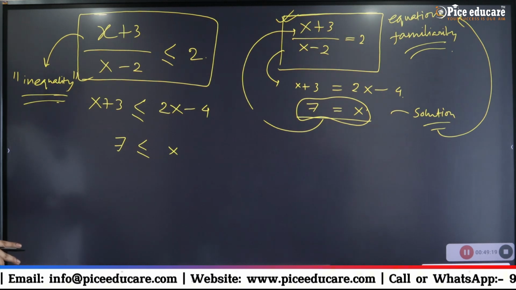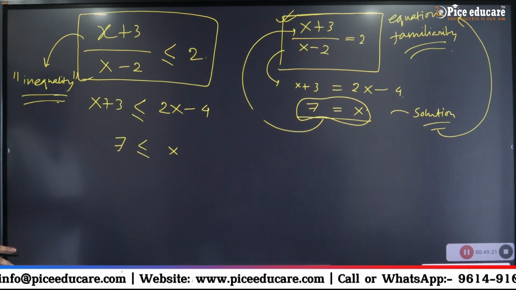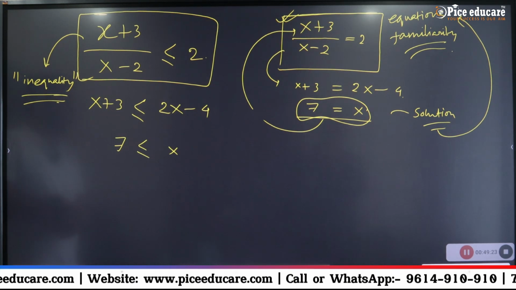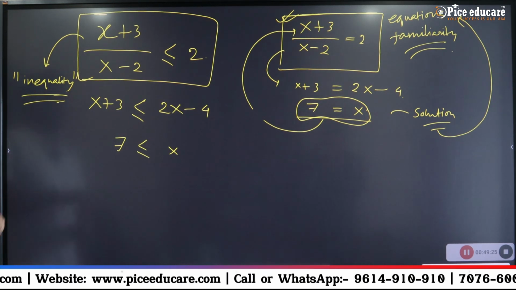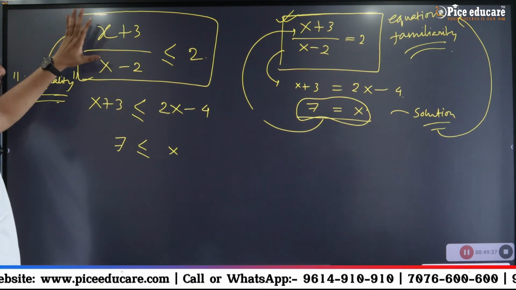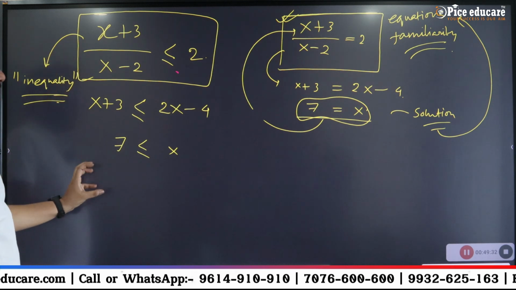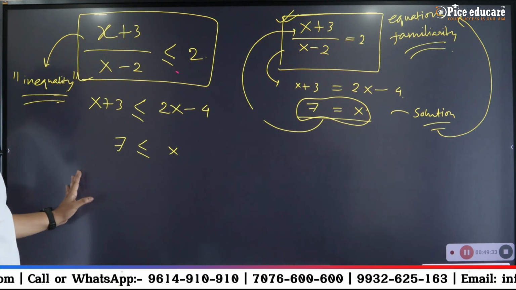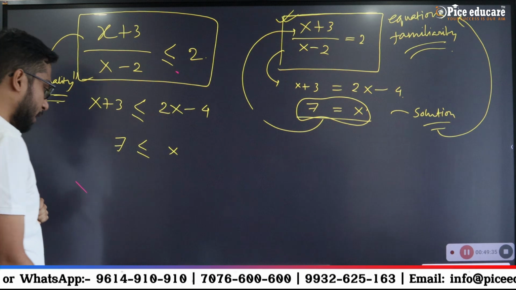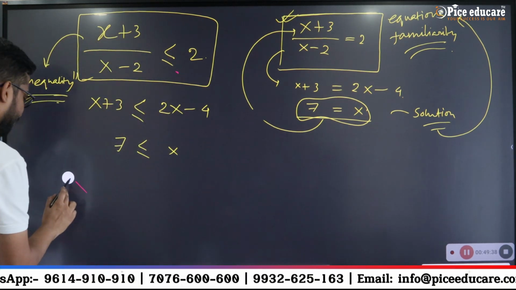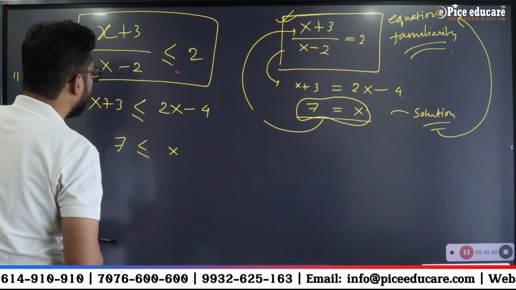So if this quantity has to be less than or equal to 2, my x has to be bigger than or equal to 7. If this is the only conclusion I am reaching, is there some problem with that?